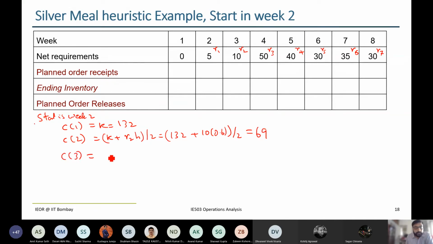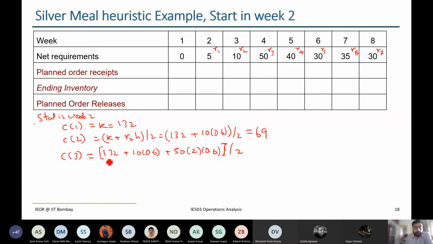Now C of 3 is 132 plus 10 into 0.6 plus, here again in week 2, if it is C of 3, that means I'm producing enough quantity to meet the next 3 weeks. So that means this 50 units gets carried over for 2 periods.